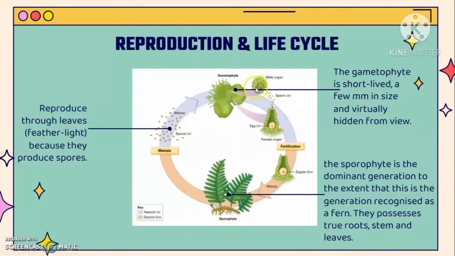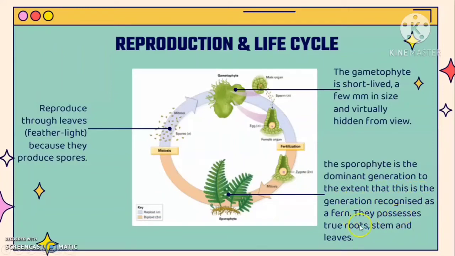So as we can see here, the gametophyte is short-lived, small in size, and virtually hidden from view. The sporophyte is the dominant generation, to the extent that this is the generation recognized as fern.